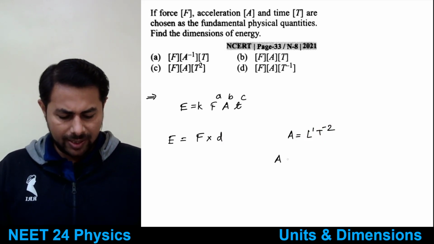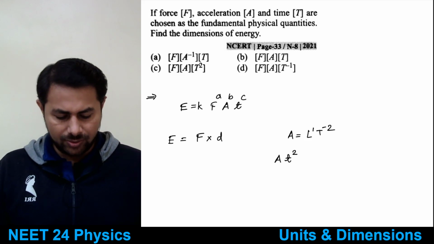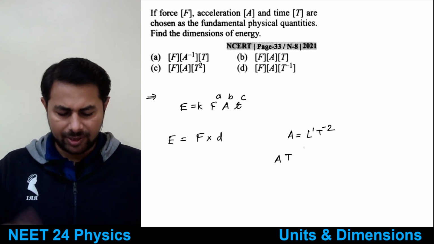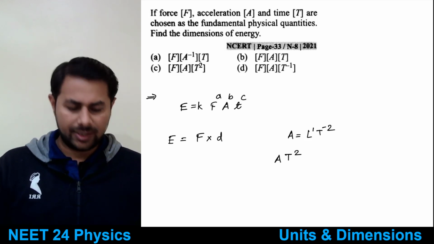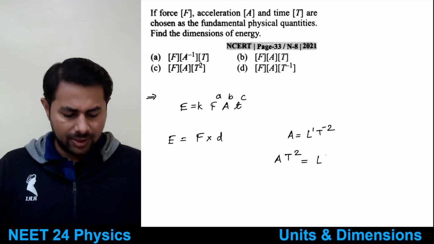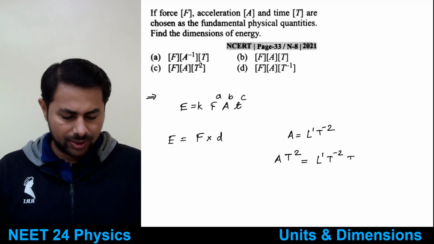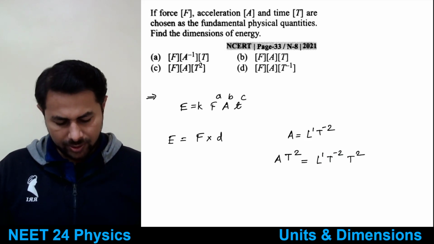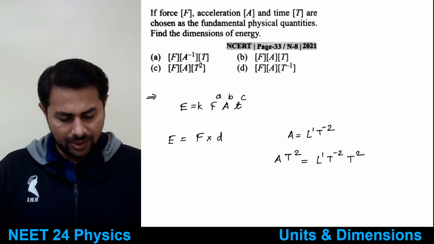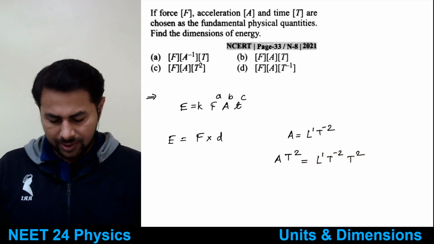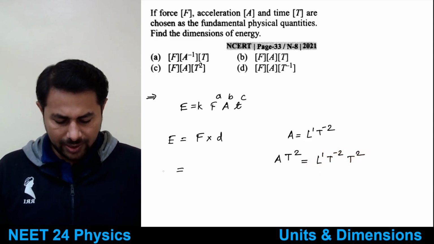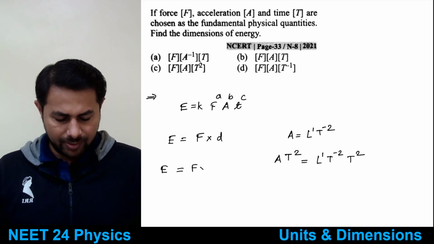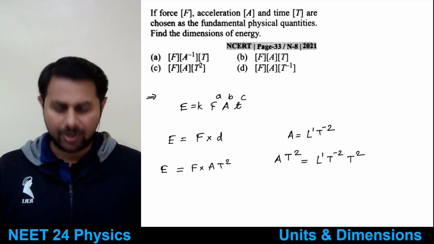If we multiply A times T raised to 2, they are writing it as capital T only, then its dimensions will be equal to L1 T to the power minus 2 times T to the power plus 2. So this thing gets cancelled, right? And we get L raised to 1. That's what we wanted. So energy becomes F multiplied by A T to the power 2.